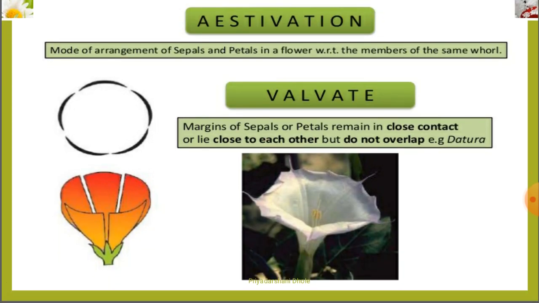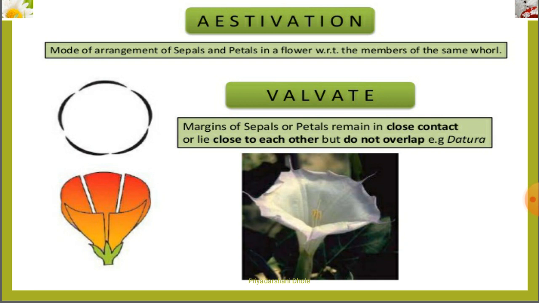Next, aestivation. What is meant by aestivation? This is the mode of arrangement of sepals and petals in a flower with respect to the other members of the same whorl. It is the arrangement of calyx and corolla. The first type is valvate aestivation.